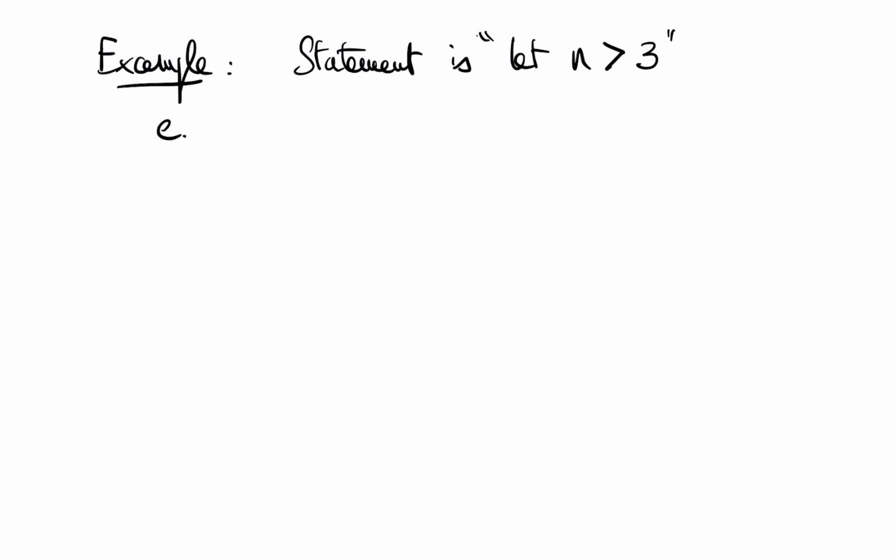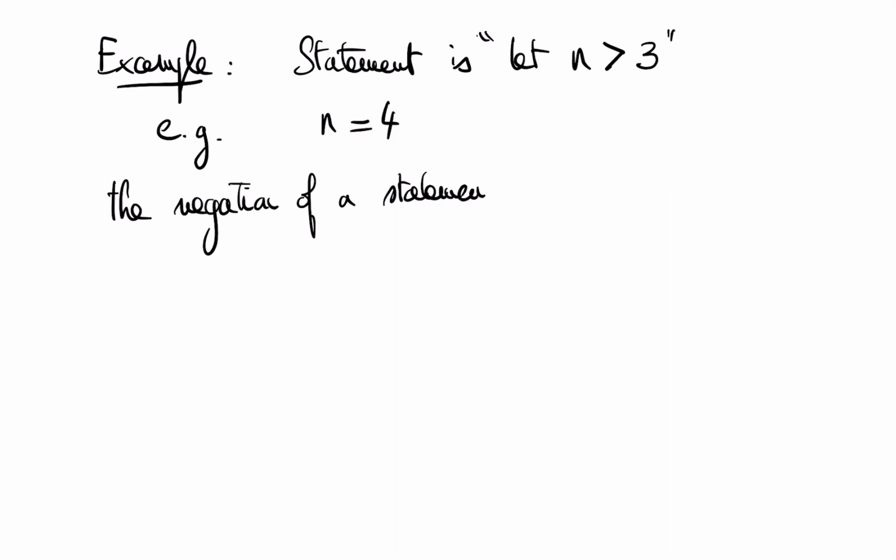Well, an example is n equals 4. Whereas the negation of the statement is n less or equal to 3.